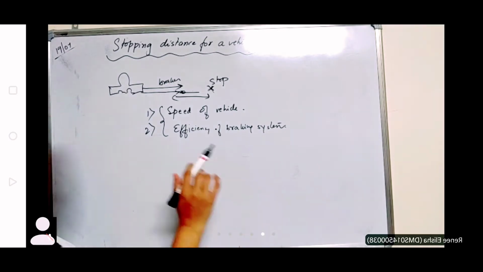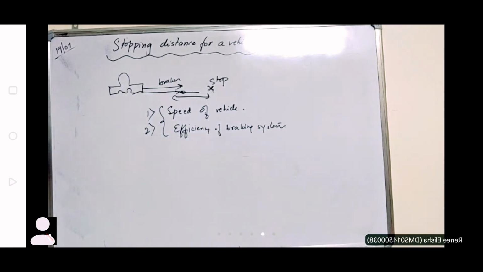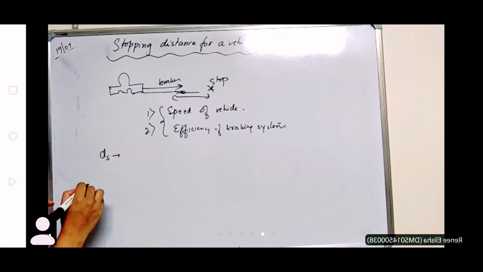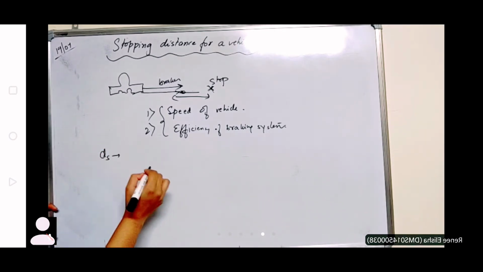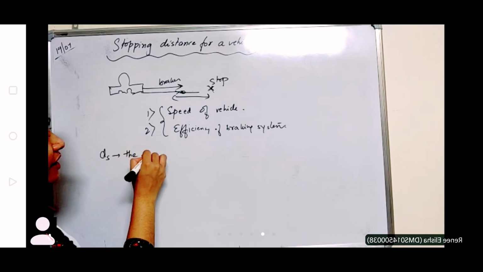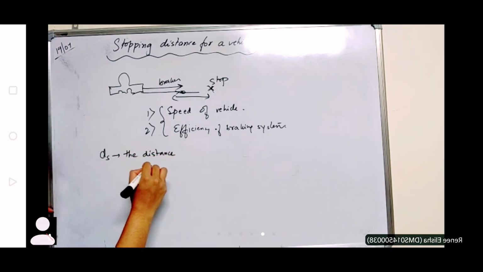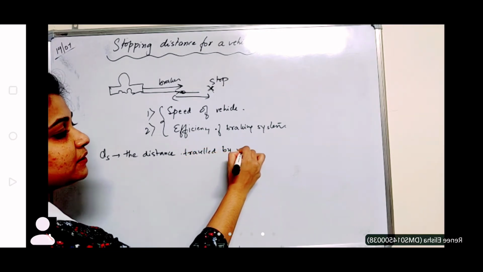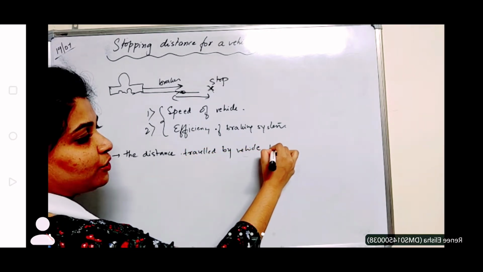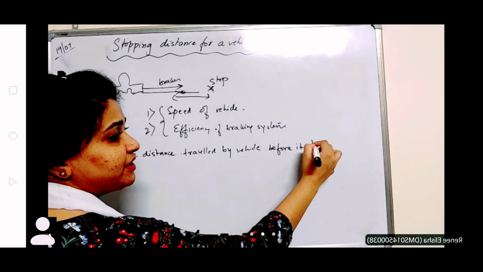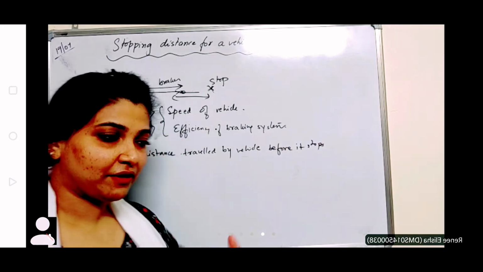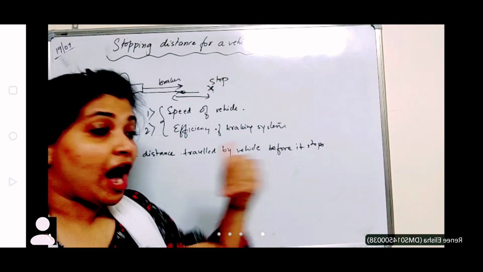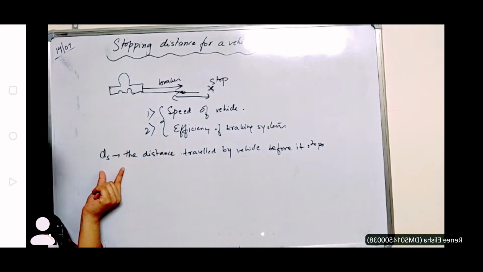So let ds be the distance traveled by the vehicle before it stops. That means I have applied a brake and it is coming to a stop. How much distance has it traveled after I apply the brake? Let that distance be ds.